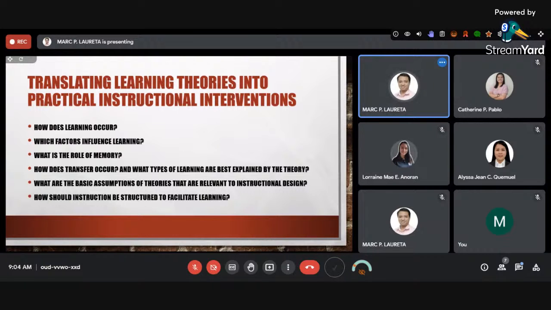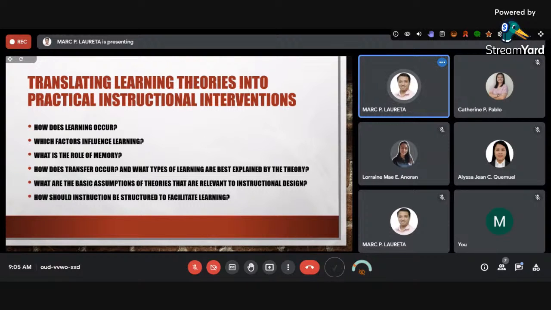Next, what we call the basic concepts that are used in instructional design. In other words, what are the limitations of those learning theories in terms of the practical aspect of instructional design?